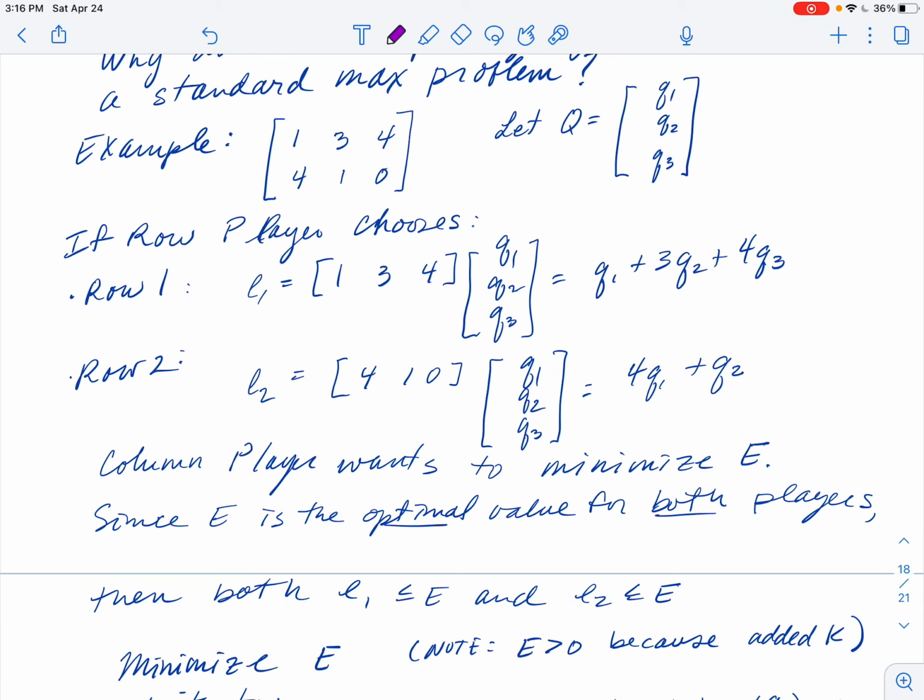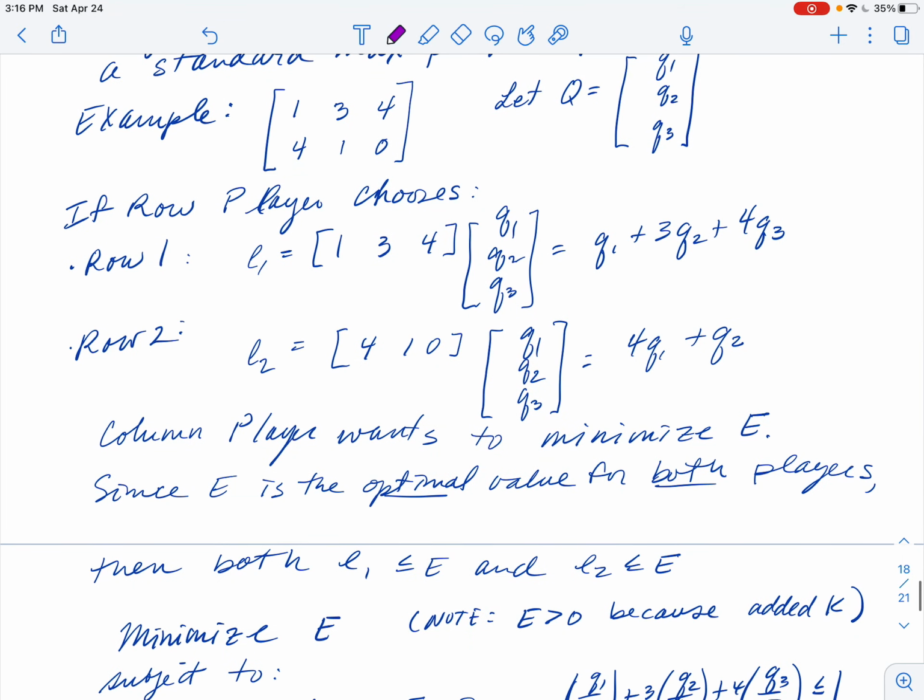We still want the column player to minimize that expected value, because the bigger the E is, the more the column player is paying to the row player. Since capital E is the optimal value for both players, it's also the optimal value for the row player.